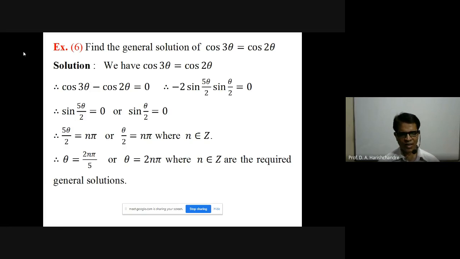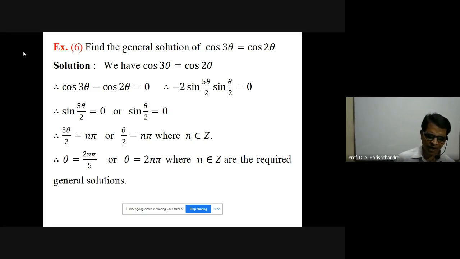Cos C minus cos D is minus 2 times sine of (C plus D) upon 2 into sine of (C minus D) upon 2. Using that formula, the left hand side of this equation gets reduced to minus 2 into sine of 5 theta upon 2 into sine of theta by 2. Right hand side 0 can be carried as it is.